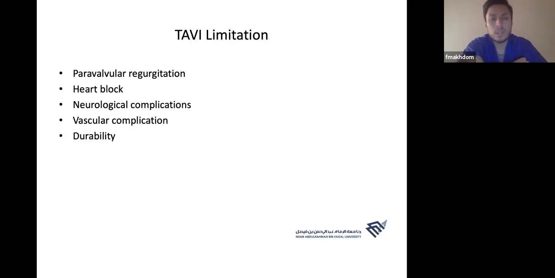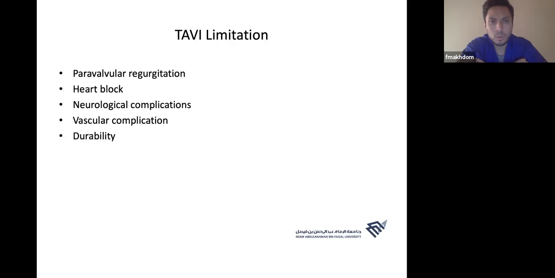You will not see anything more than 1 to 2% incidence of more than mild paravalvular regurgitation, moderate to severe, with the new generation.